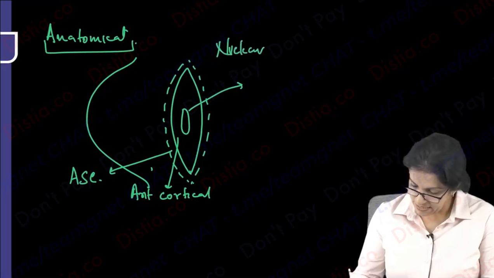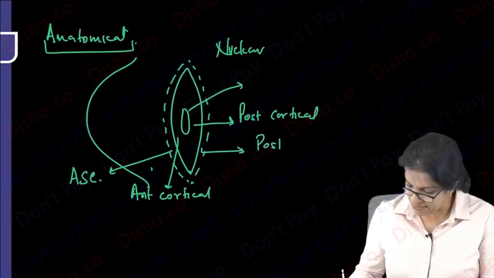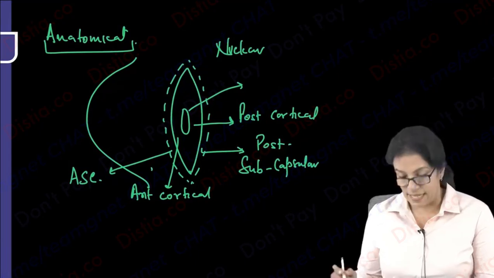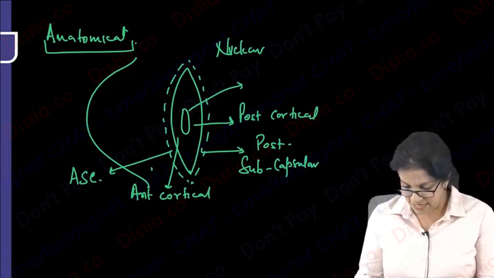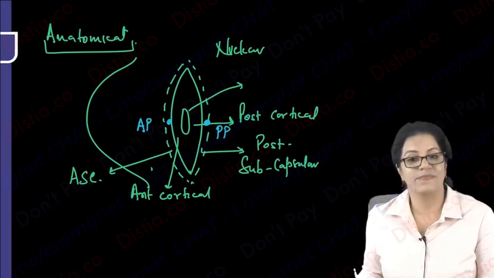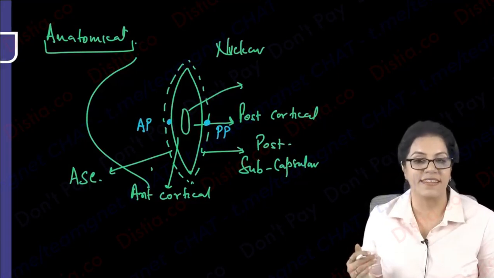It can be posterior cortical or posterior subcapsular. Posterior subcapsular. Okay? And then, of course, don't forget anterior polar and posterior polar. So these can be the anatomically classified types of cataract.